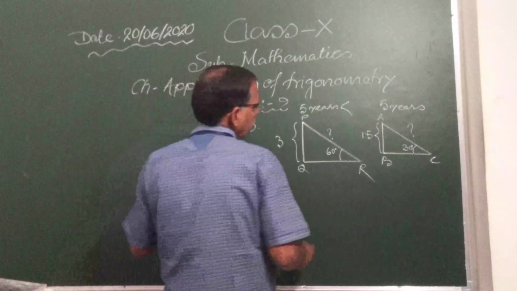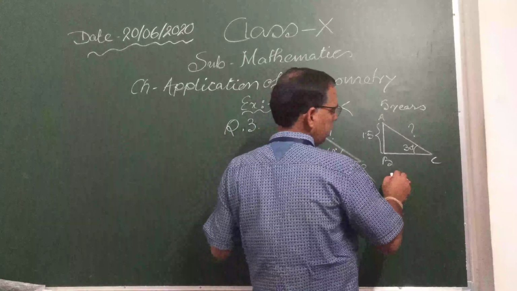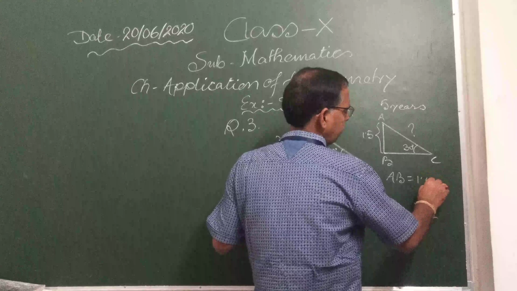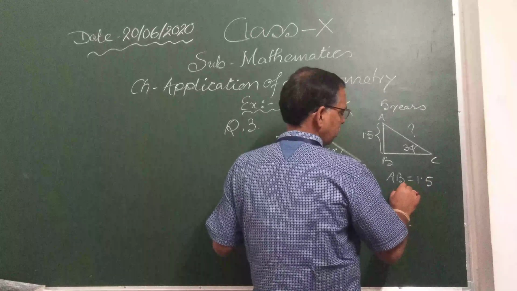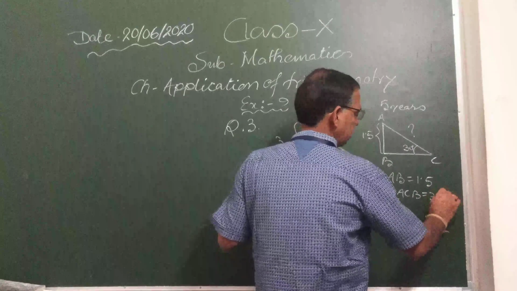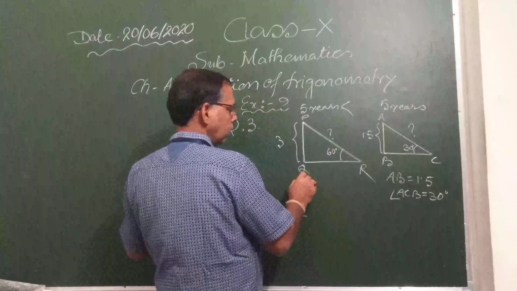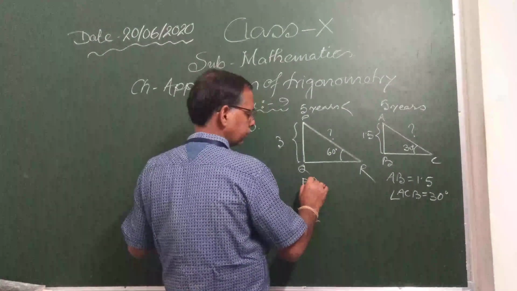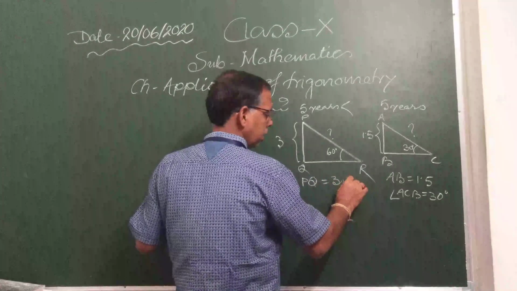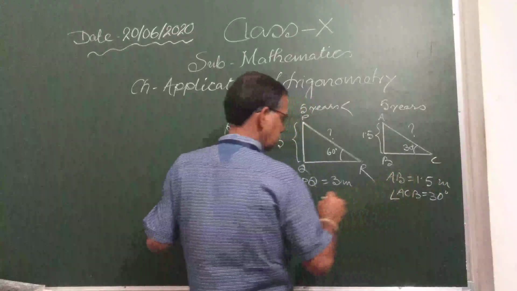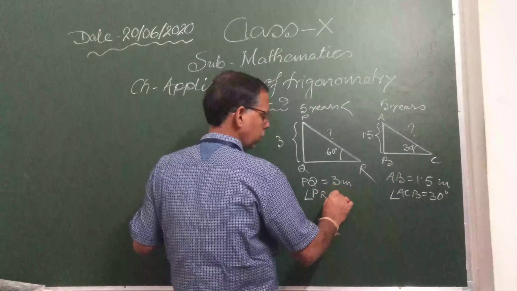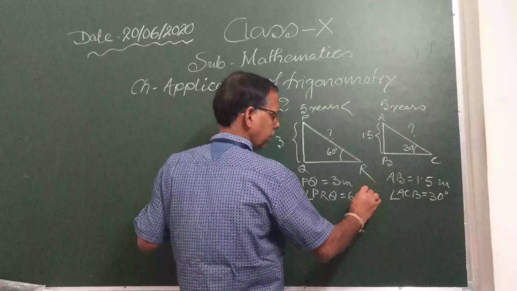So first of all, you please write down AB equal to 1.5, angle ACB equal to 30 degree. Here PQ equal to 3 meter, angle PRQ equal to 60 degree.